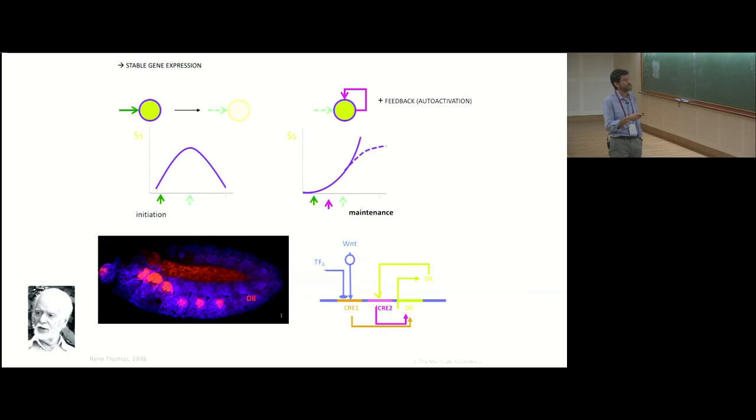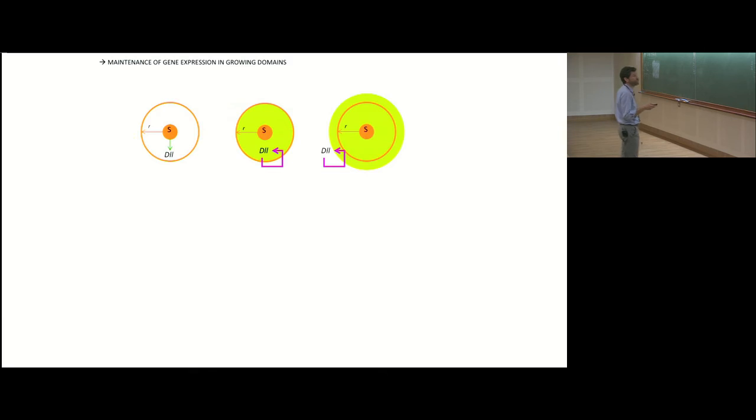Of course, that would lead to an exponential increase in transcription factor concentration, but this doesn't happen. It saturates at some point. Why? Because when this transcription factor feeds on itself, it acts on a cis-regulatory element, and that cis-regulatory element can cope with a certain amount of protein, no more than that. So, for example, this can work in growing domains, and now I'm already moving into developmental systems.